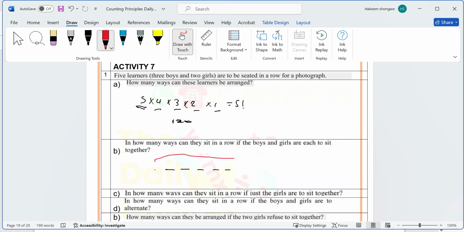Start with the bigger block. Inside the bigger block, for the boys, we have 3 factorial, and then the smaller one, which is 2 factorial.